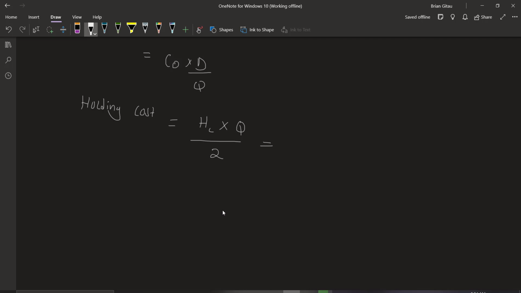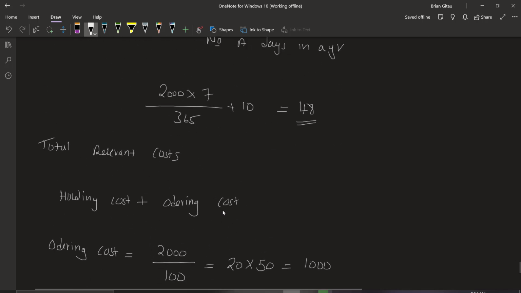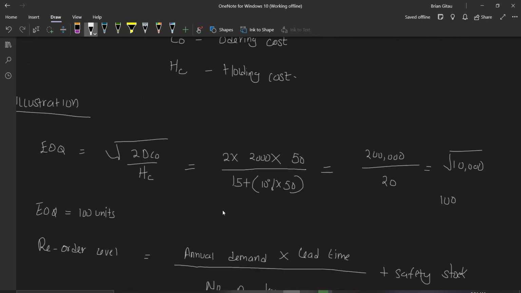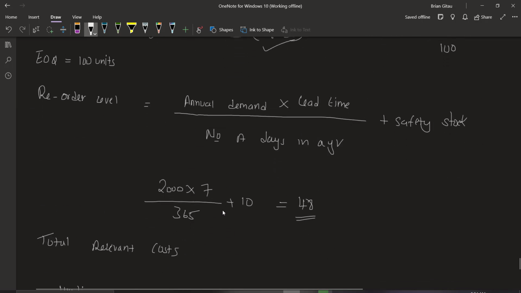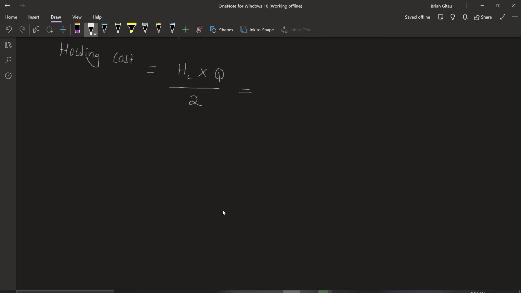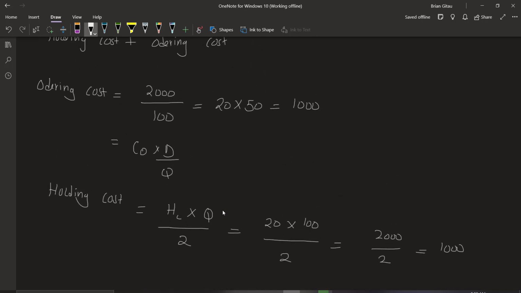The holding cost in this case, we had calculated it here, 15 plus 10% of 50, which is 15 plus 5, this is 20. 20 times the EOQ quantity of 100, then we divide by 2, so we have 2000 divided by 2, this is 1000. Now if our EOQ is correct, then these two should be equal.